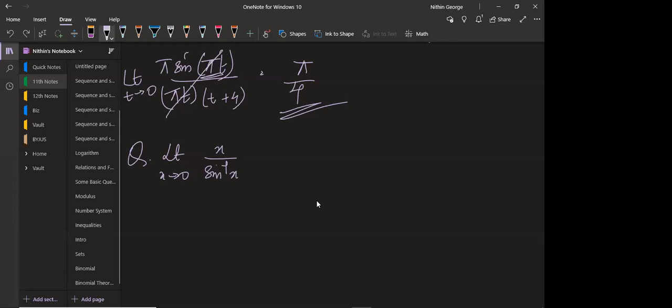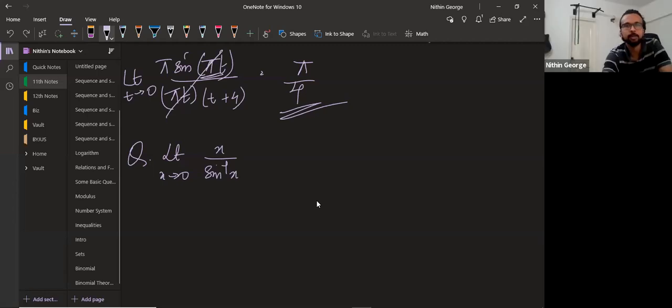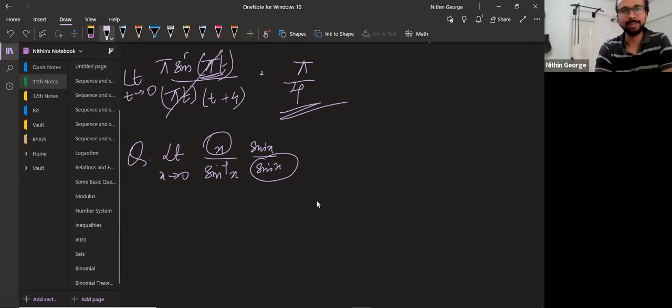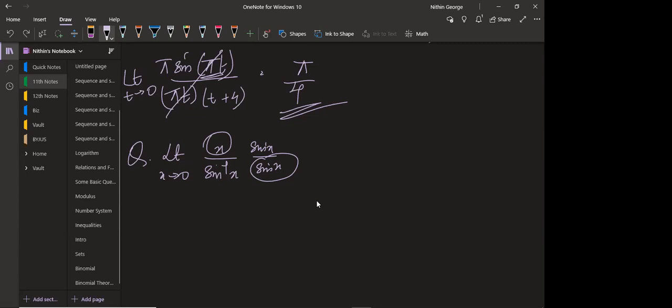Multiply by sin x in the numerator and denominator. Okay, so you're saying this sin x by x becomes 1. That's your idea. That's a pretty interesting method. Is that what you meant? Sin x by x, to bring in that sin x by x?